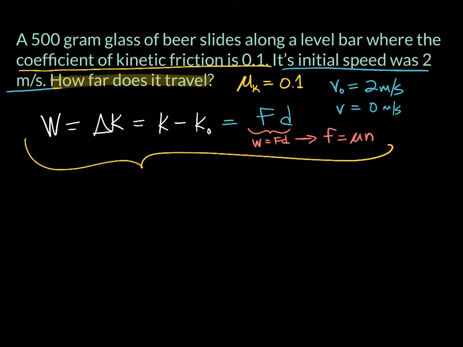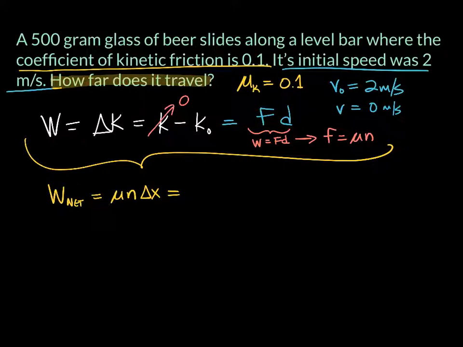So our net work is going to be this force of friction, so mu n, and we could just put delta x, is going to equal, if you remember, the final kinetic energy is 0.